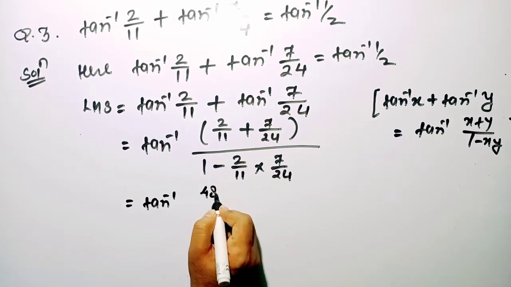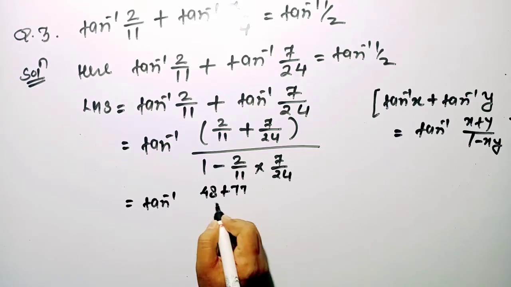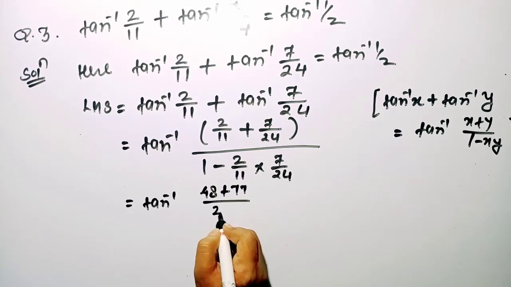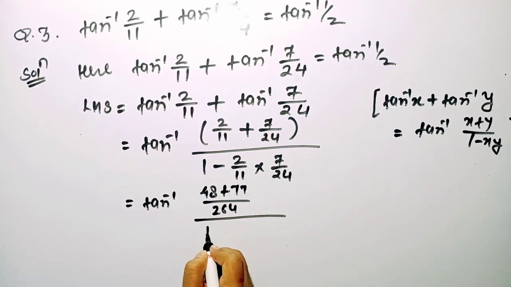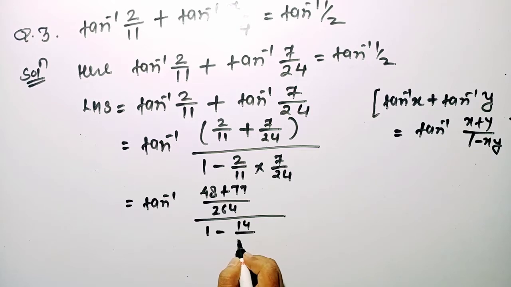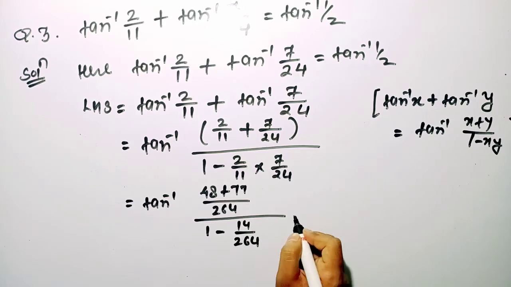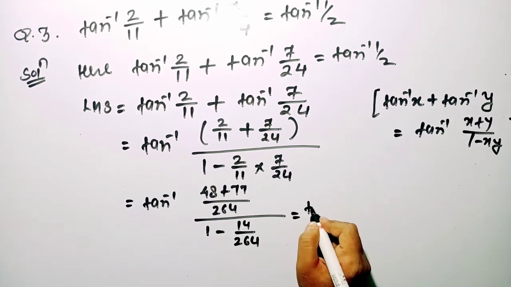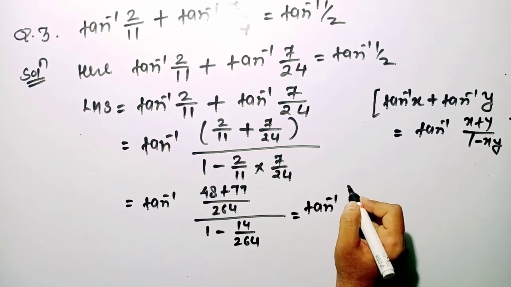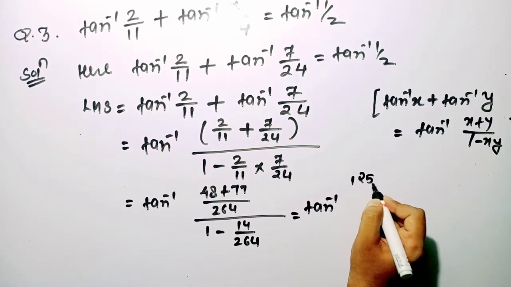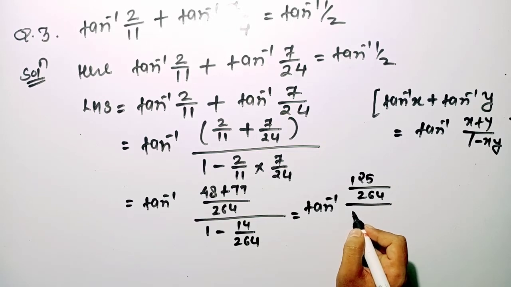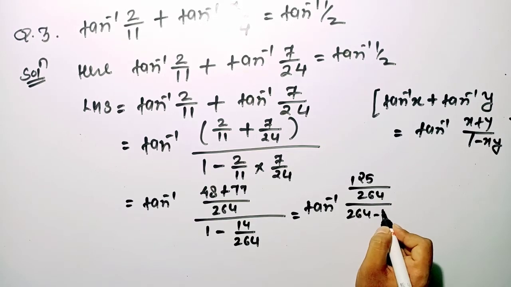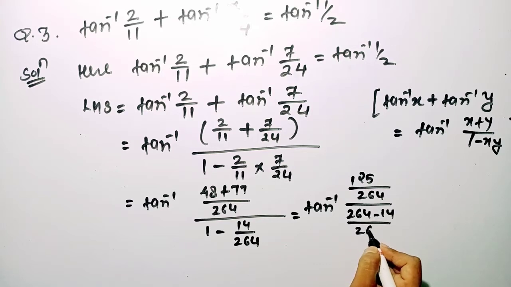Now students, simplifying these things, 2 into 24 and 7 into 11, 77, and in denominator the terms will be multiplied, 264. Similarly 2 by 11 and 7 by 24 will be multiplied. Okay, so tan inverse of 48 plus 77, 125, over 264. Okay, now 264 is multiplied by 1, so we are getting 264 minus 14 divided by 264.